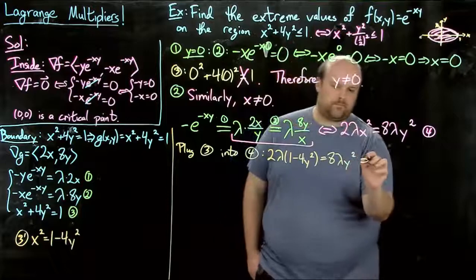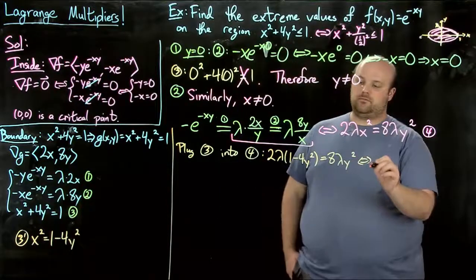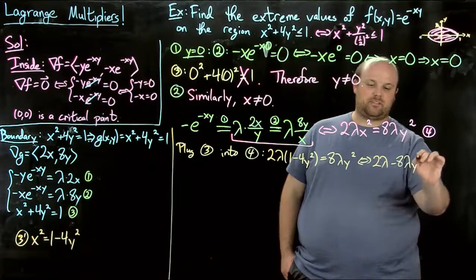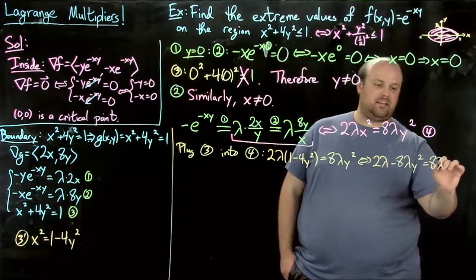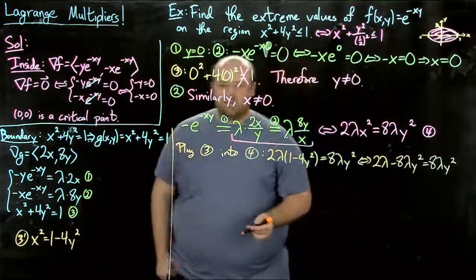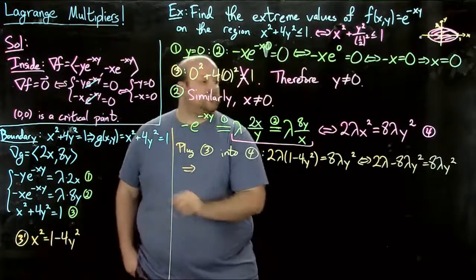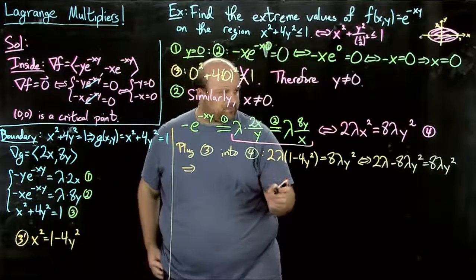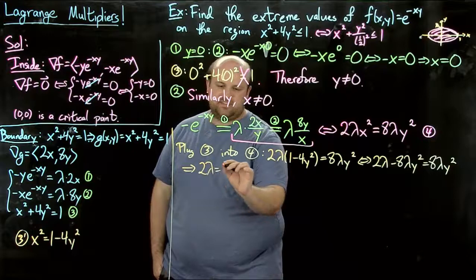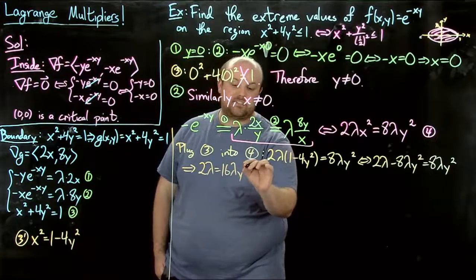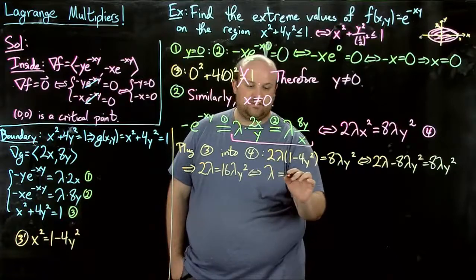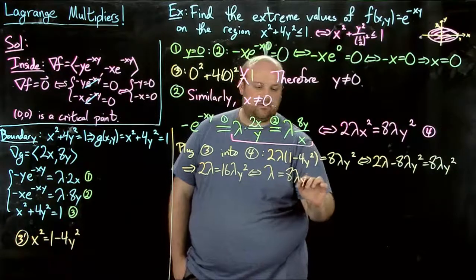All right. So we have 2 lambda minus 8 lambda y squared is 8 lambda y squared. So this tells us that, well, 2 lambda is 16 lambda y squared, or lambda is 8 lambda y squared.